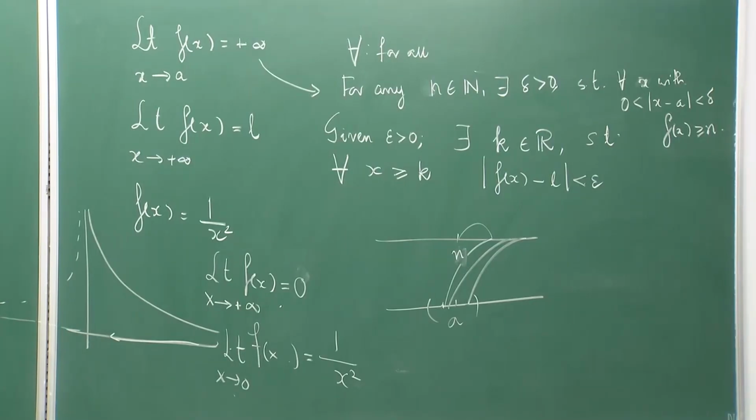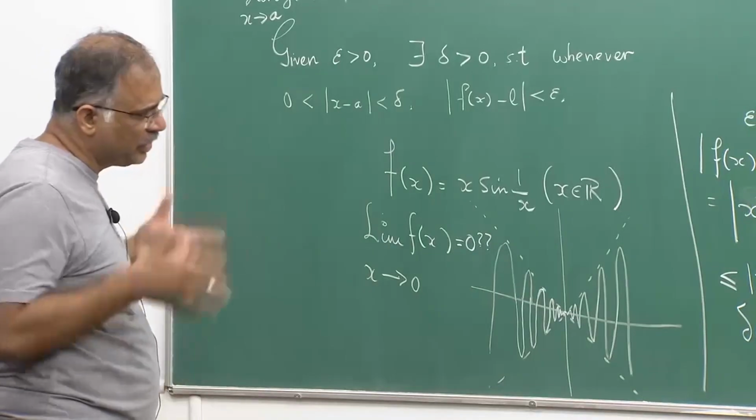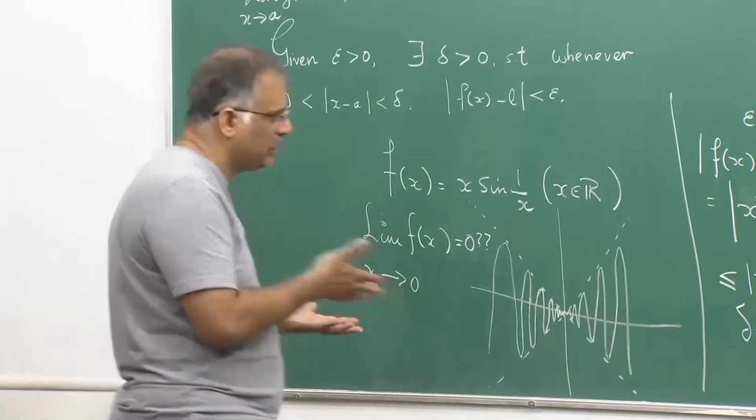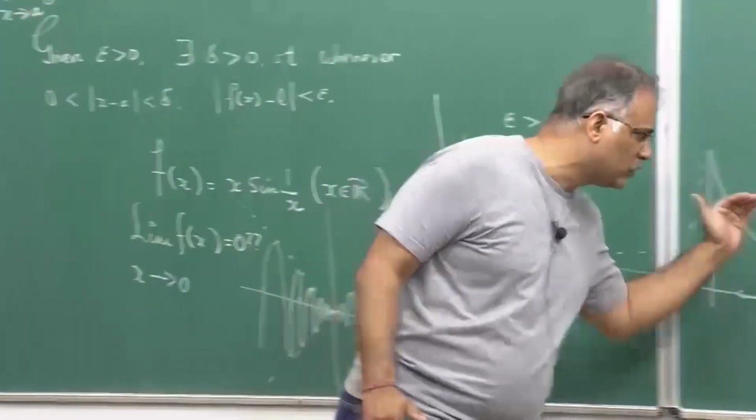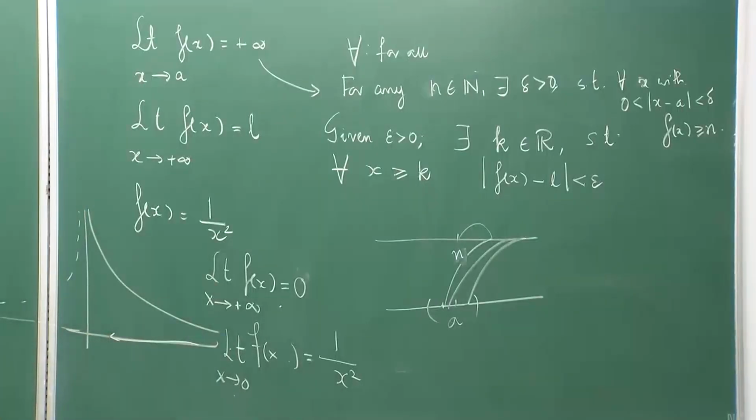So these are the various ways a function can approach a limit as x goes towards either infinity or towards a finite number. Now is this epsilon delta formulation helpful in telling me some more information about the limit?